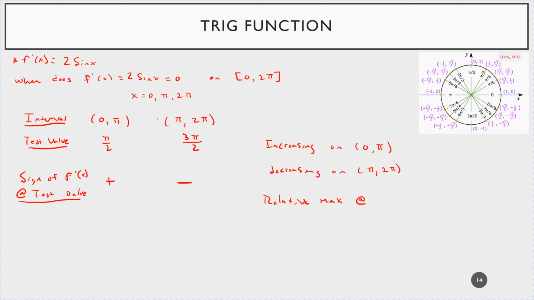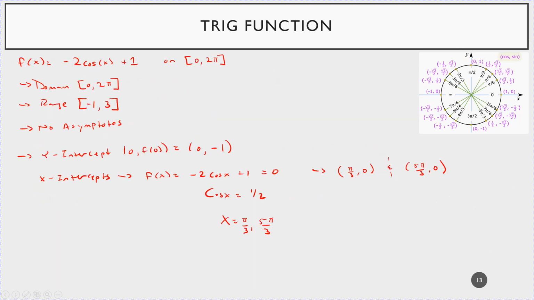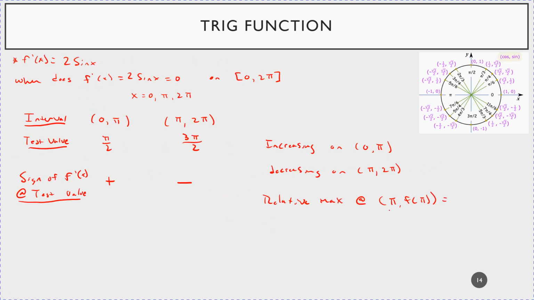And it's at pi, so f of pi. Well, when you plug in pi, you've got to plug it into the original. So cosine of pi is minus 1 times negative 2 gets me 2 plus 1. So this is at the point pi comma 3. All right, we're getting there. We're doing it.